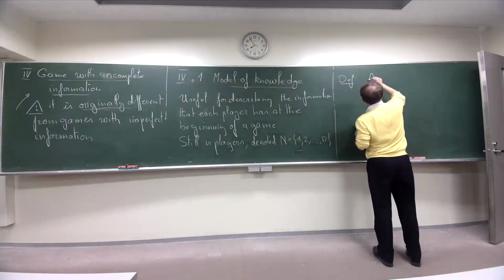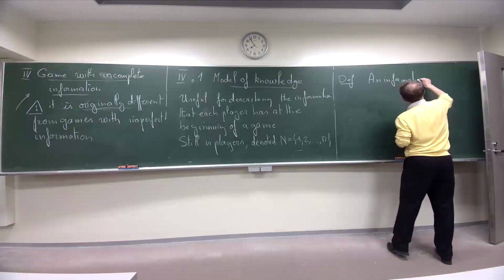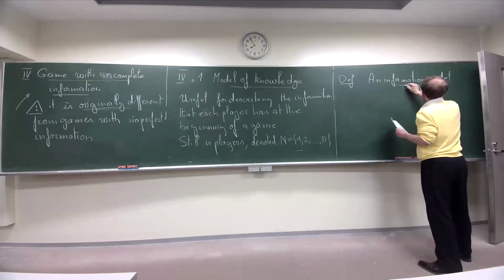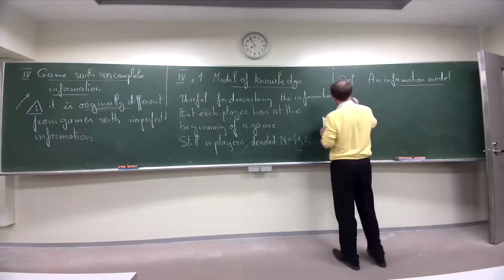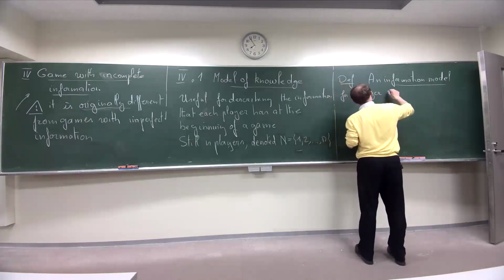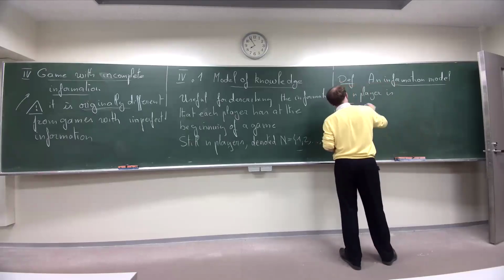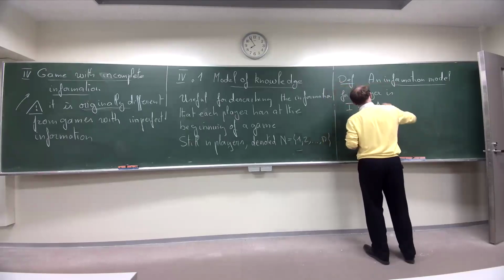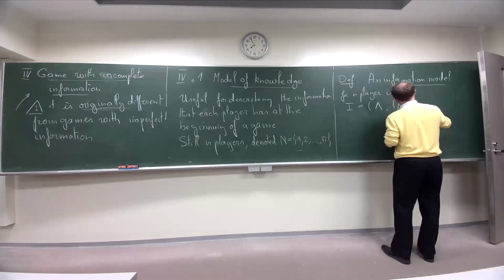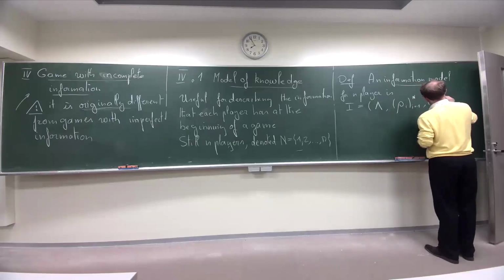An information model for n players is three things. I call it capital I, it's a lambda, it's a family rho I, and it's tau I.